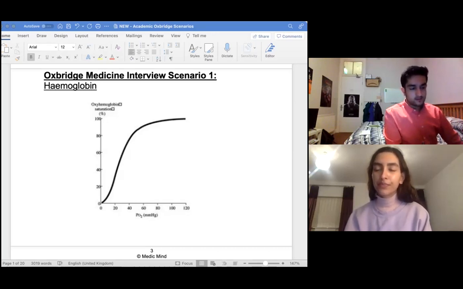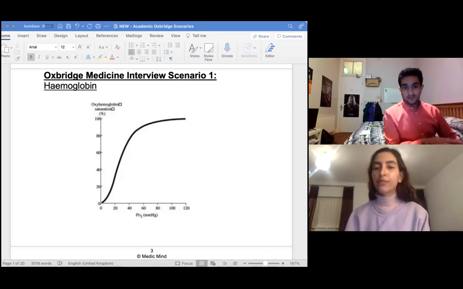Let me think. So I know that in a fetus, they take their oxygen from the maternal red blood cells because they don't have lungs to actively respire or inspire. So the hemoglobin is going to need to have a higher affinity for oxygen.